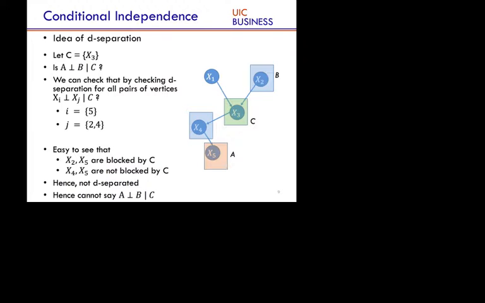Okay, so it's basically just verification of the path blocking condition, and you need to ensure that all the paths are blocked between, let's say, two sets A and B, conditioned on that set C. If all the paths are blocked, then the two sets are d-separated, and that implies conditional independence of those two sets. So I think we've seen this example before in the class.